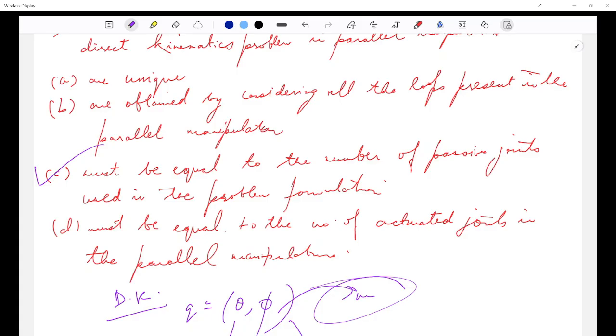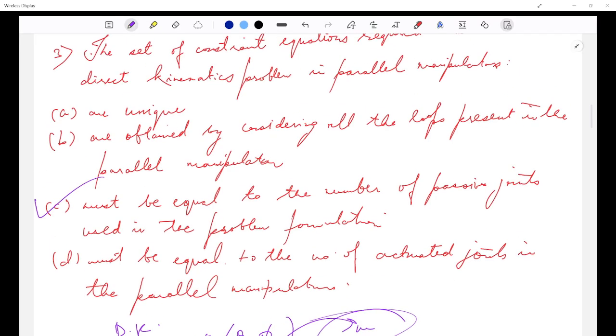And then the other option is they are obtained by considering all the loops present in parallel manipulators. Not necessarily, only independent loops are needed. So for this we need to say independent loops are needed.